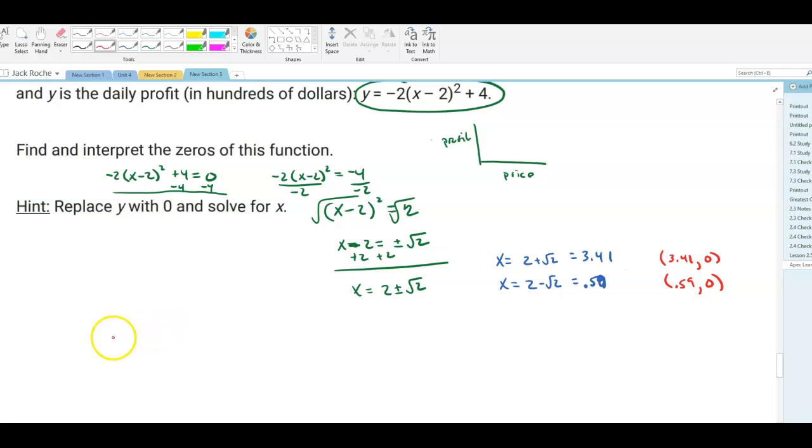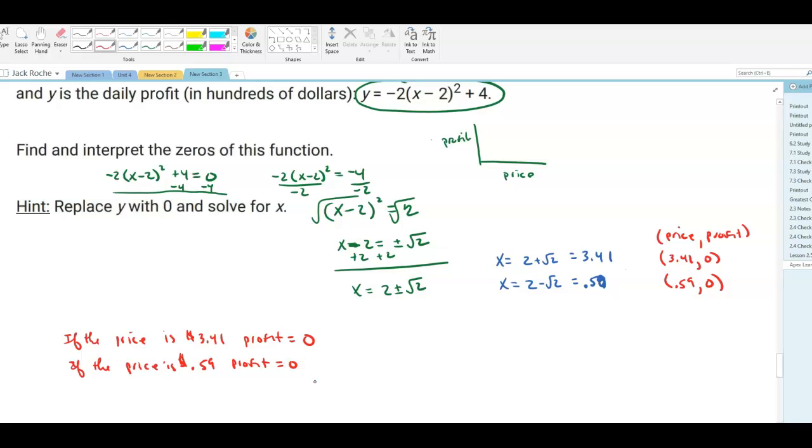So if we have to interpret this, remember all of our ordered pairs are price, comma, profit. If the price is $3.41, your profit equals $0. And if the price is 59 cents, the profit is $0.